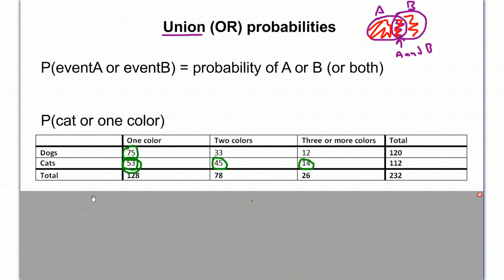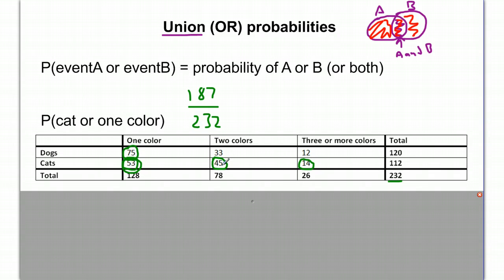Circle that again. Well, there we have it. We have all the cats and all the 1 color things. So if you are one or the other, or both, you will get counted. So you just add these numbers, 75 plus 53 plus 45 plus 14, and you would get 187. And that 187 would be out of the big total. There's no condition, so it would be out of the 232.